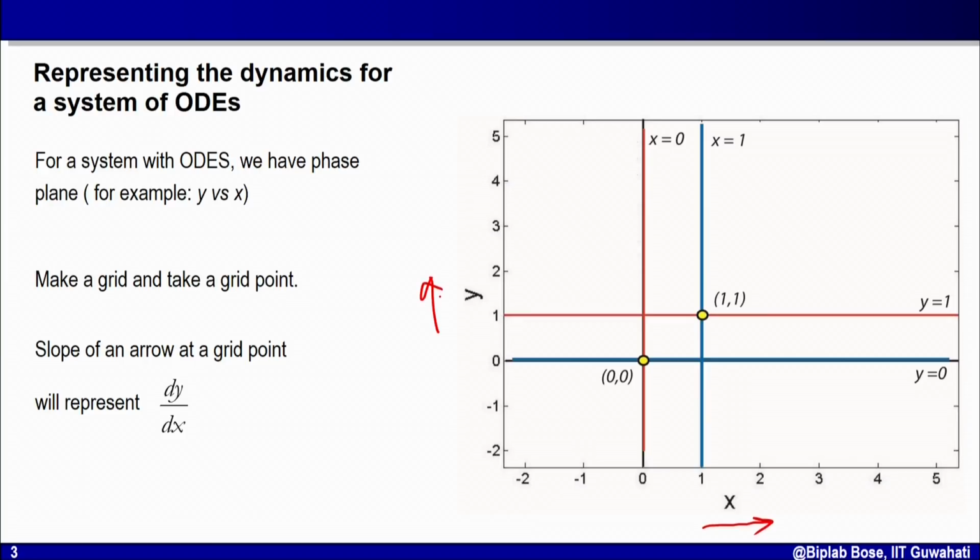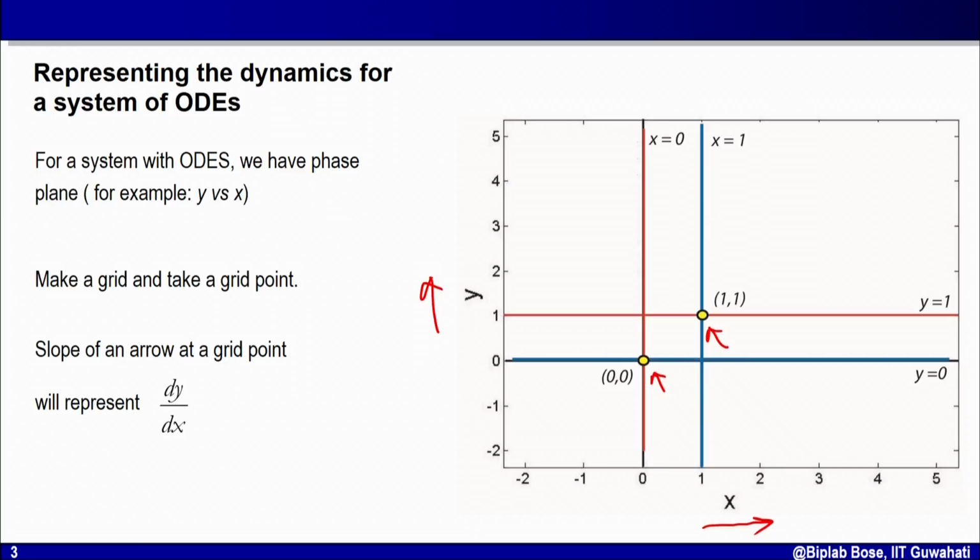You can swap them; there is no rule that x should always be on the horizontal axis. Now, we have discussed that I can draw null lines on this plane, and the intersection points of the null lines, for example these yellow dots here, are the steady states.